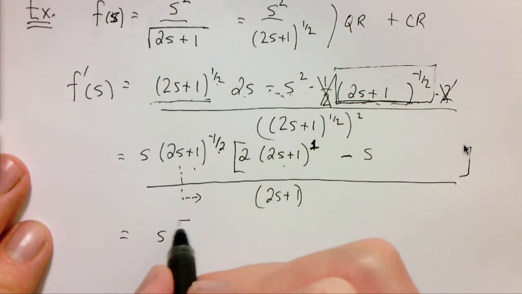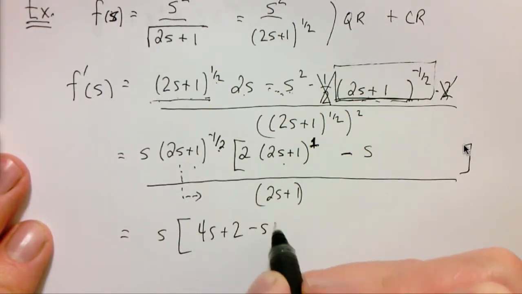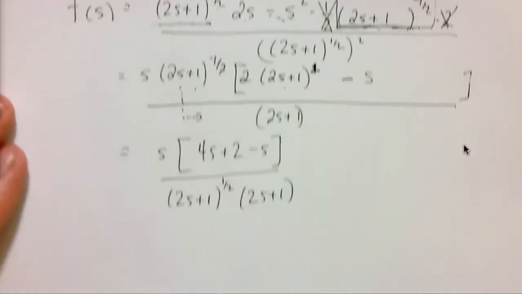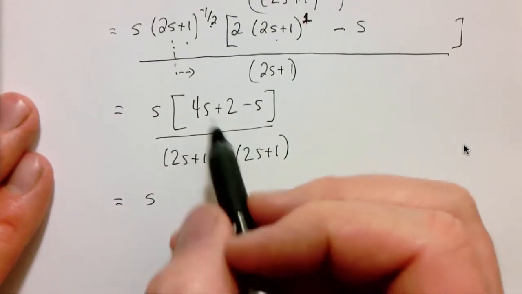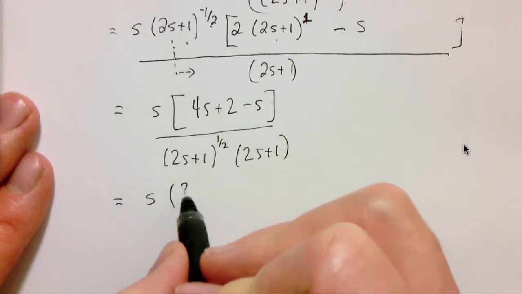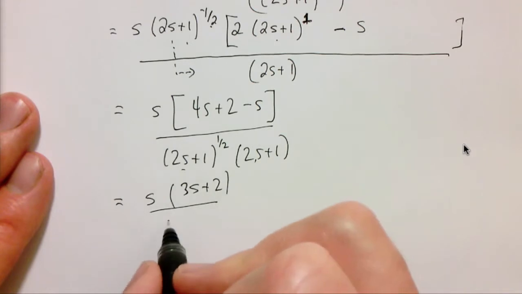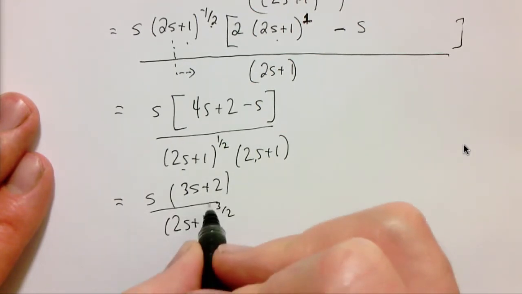So I have s times 4s plus 2 minus s times 2s plus 1 to the 1/2, that came from the numerator, times 2s plus 1. Three s plus 2. Combining these two, I add the exponents, I get 2s plus 1 to the 3/2 power.